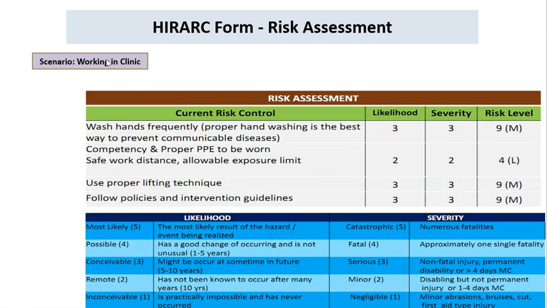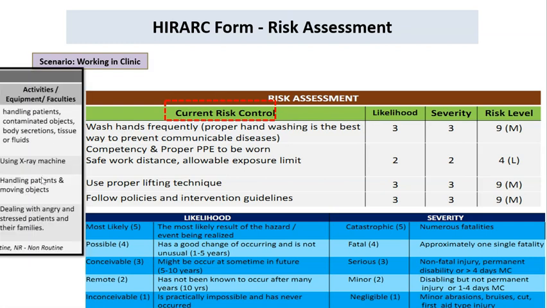Okay, let's go back to working in the clinic environment. We know that you need to have the current risk control or existing risk control, in which semasa, what they have to control the hazard during that particular time. For the first one, we need to go together with the activity that we have listed.